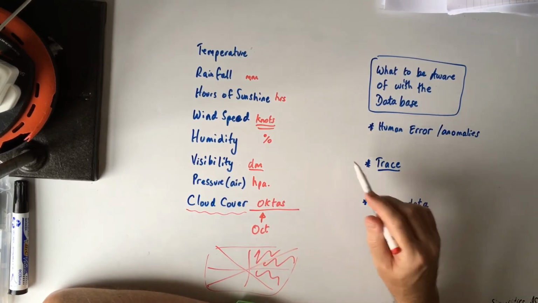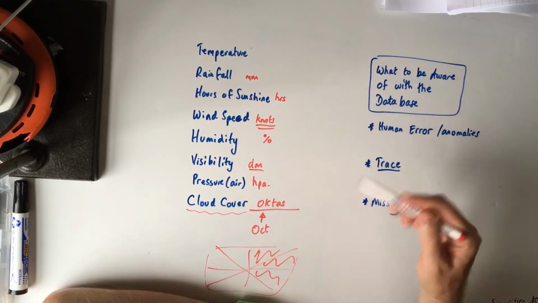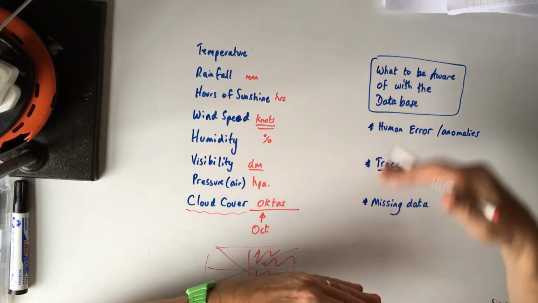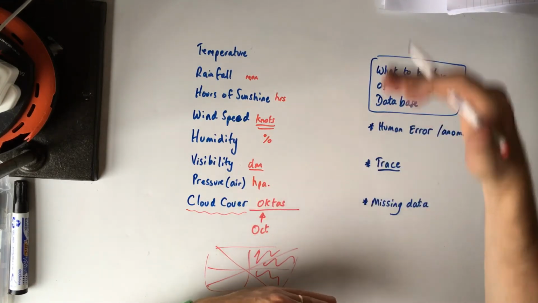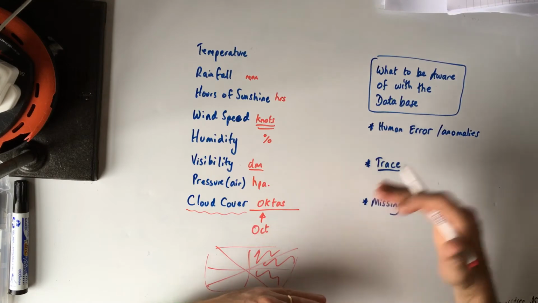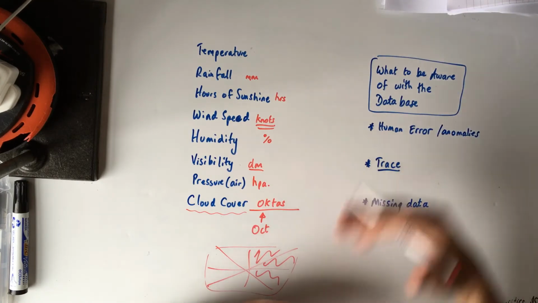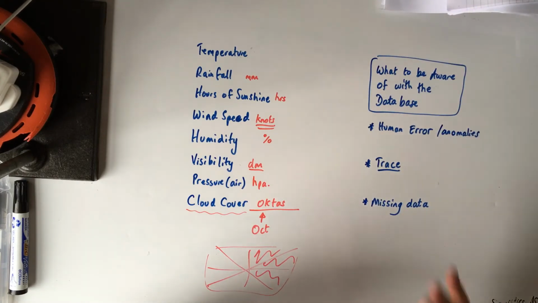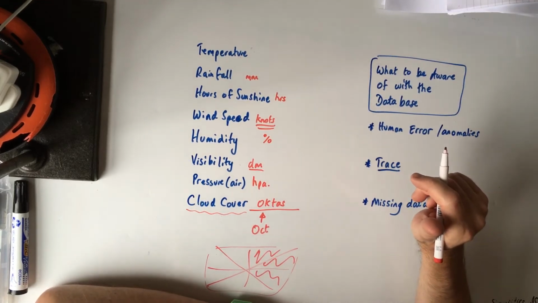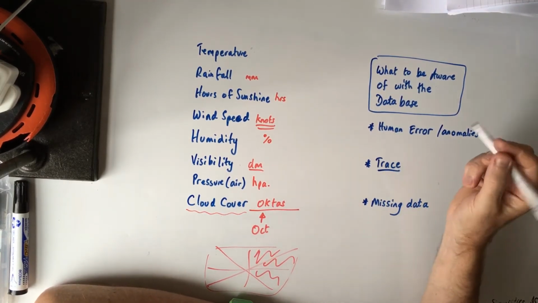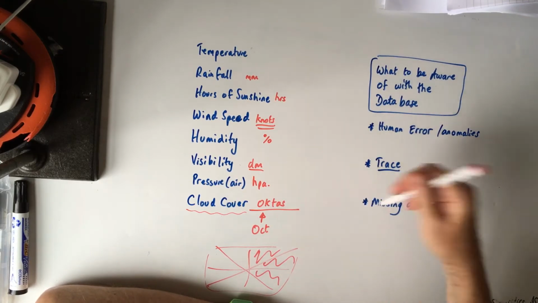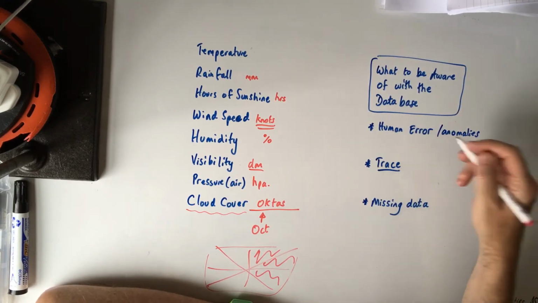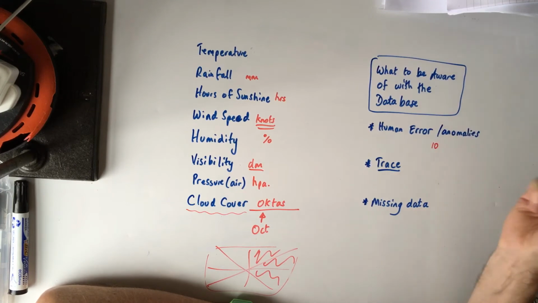If you were working out the mean cloud cover in a month, so you've got 30 days perhaps, and you've got a value in each one of those slots for the cloud cover, a number like 1 to 8, and you add them all up and divide by 30 to get the average for that particular month. But say one of those values was outside of that range. So say it was, you know, 10 or something like that.